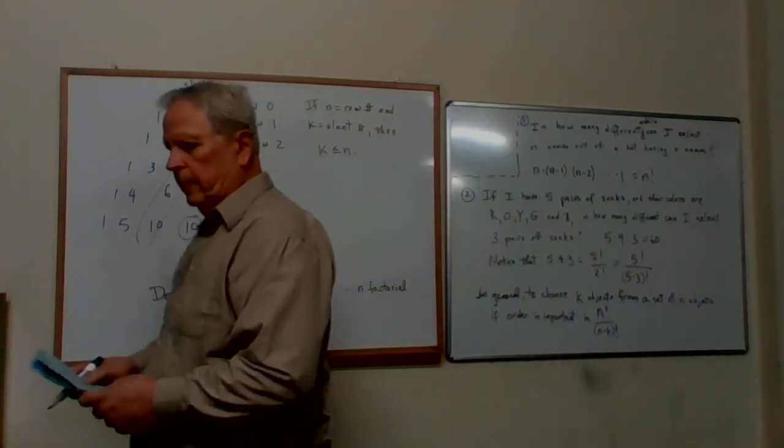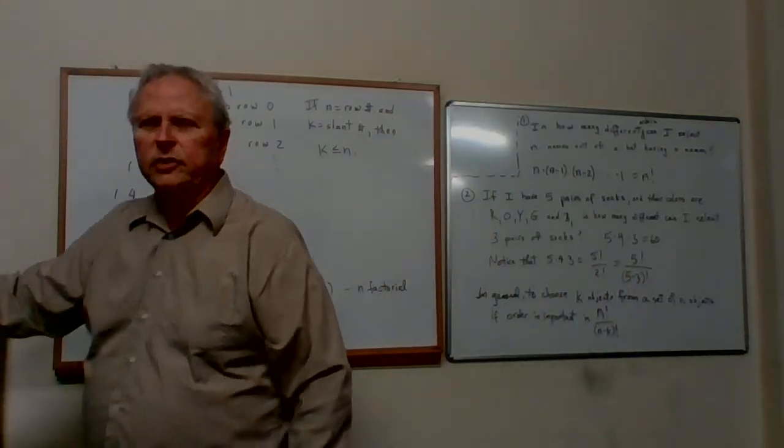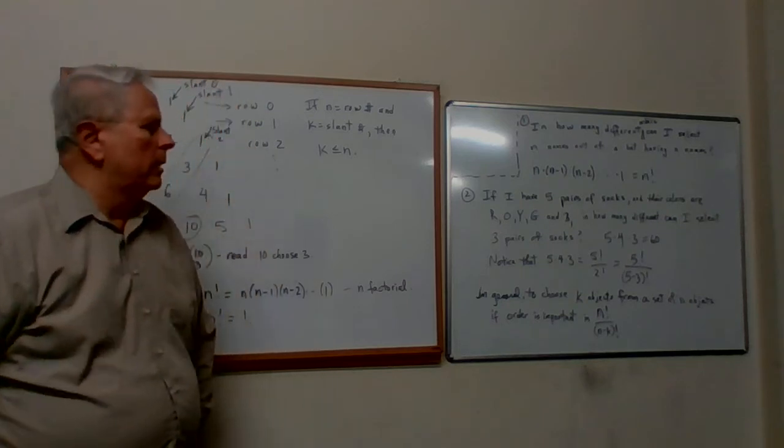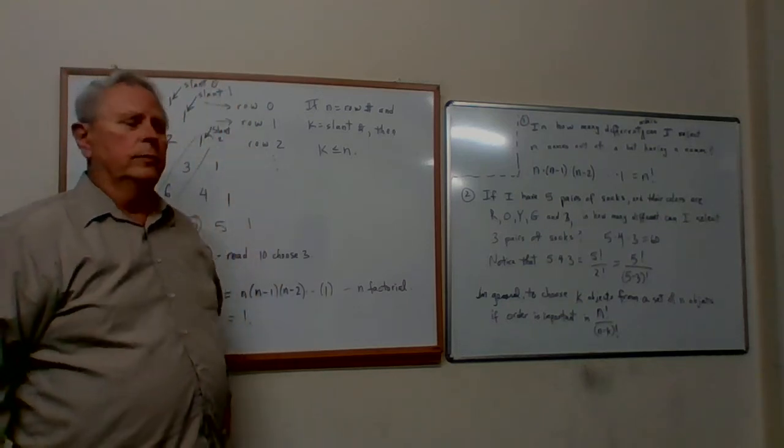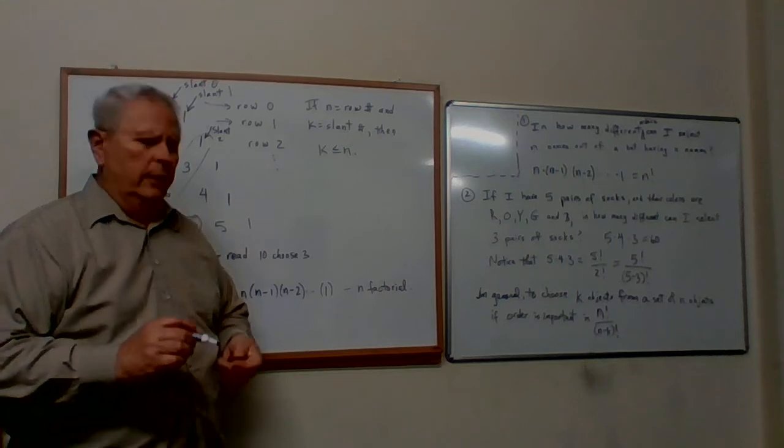Okay? N factorial over n minus k factorial, if order is important. Now, when would order be important?